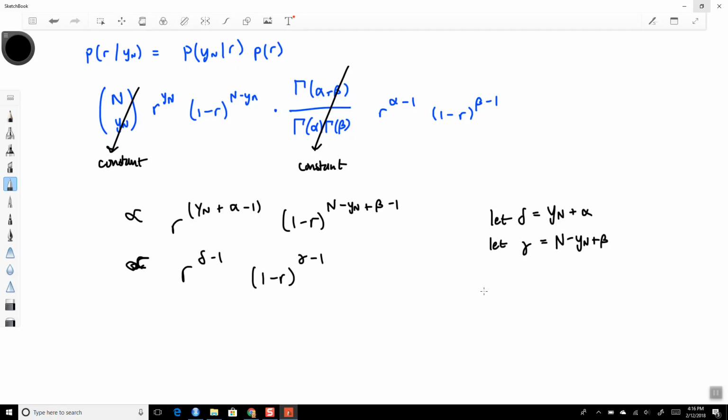Okay. And if this is the case, then this resembles the beta distribution with shape parameters little delta and little gamma.